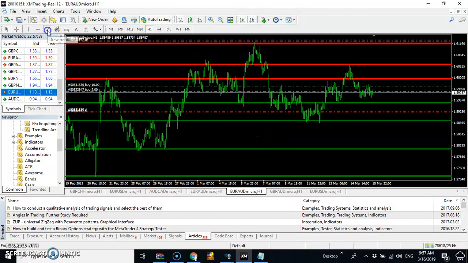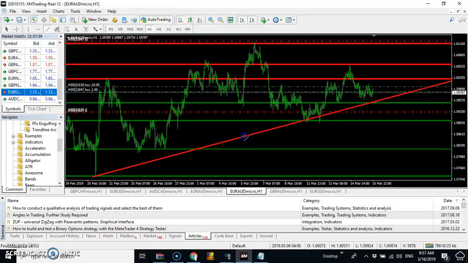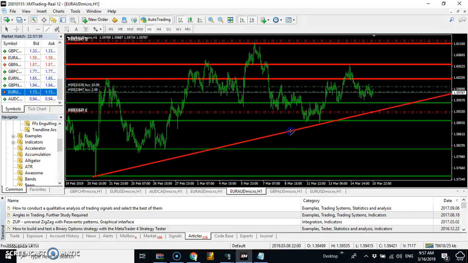If I want to finish everything up right now and make it a little bit spicy: price doesn't respect trend lines, but we have located our two-step trend line.